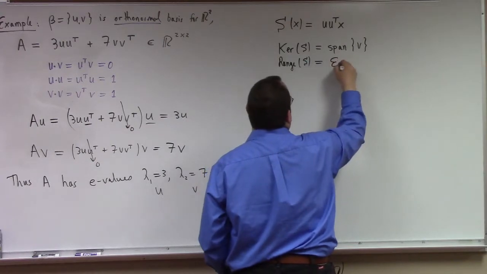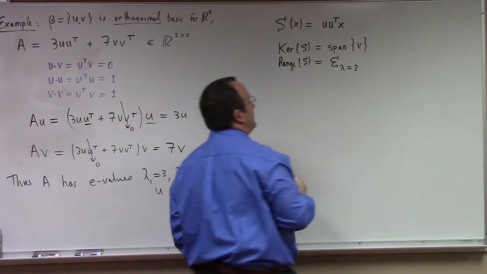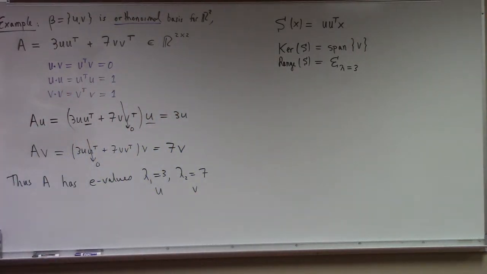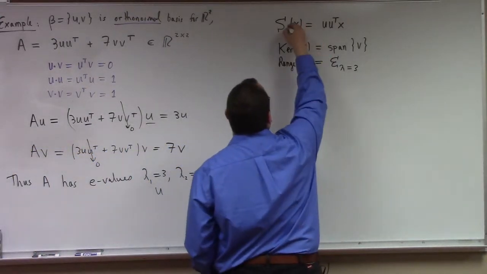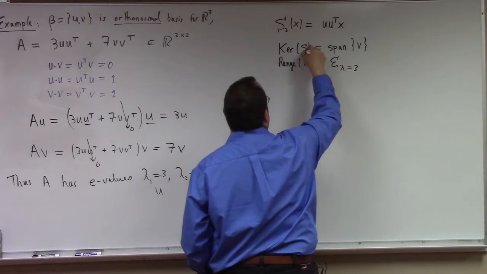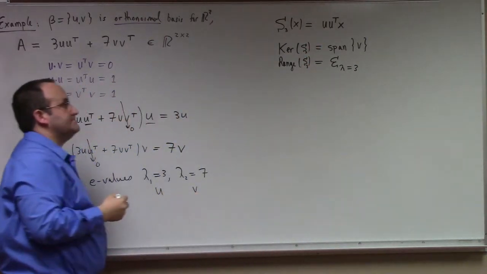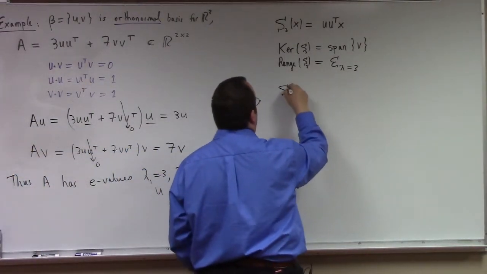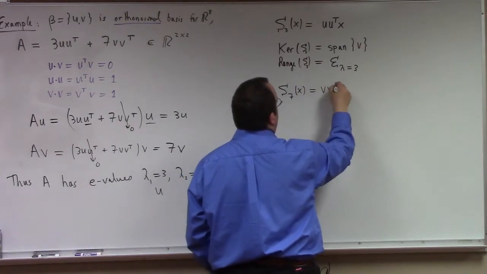It's the lambda equals 3 eigenspace, yeah? And maybe I should call this S sub 3 or something, you know, to indicate it's the third eigenvalue. You could also define S sub 7, right, by V transpose times x.